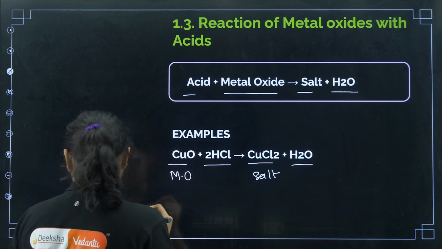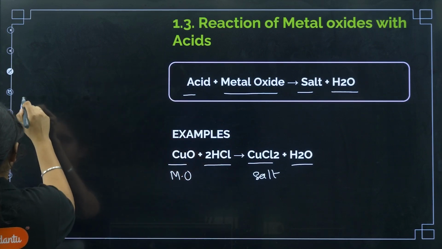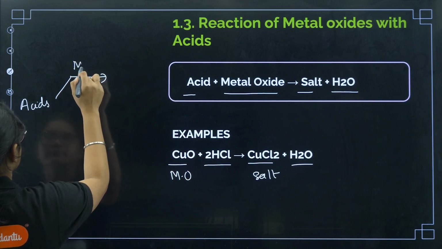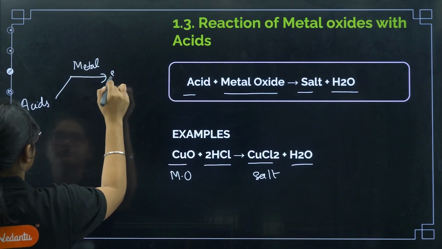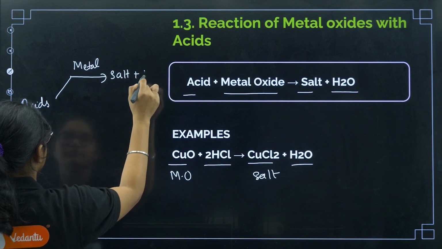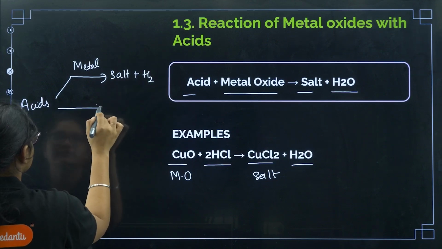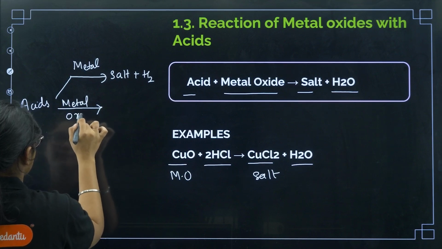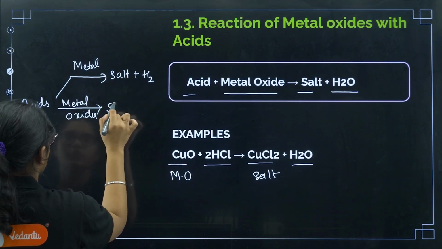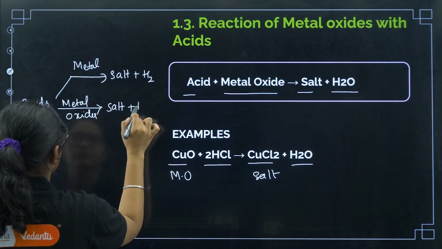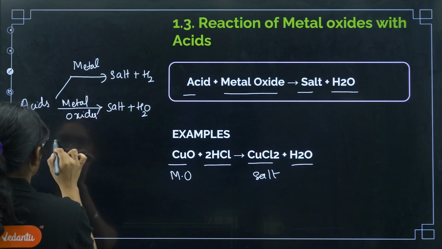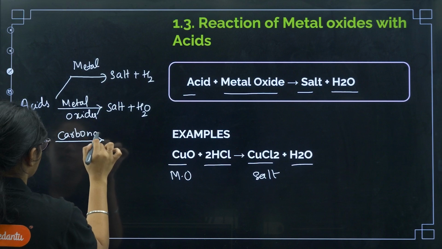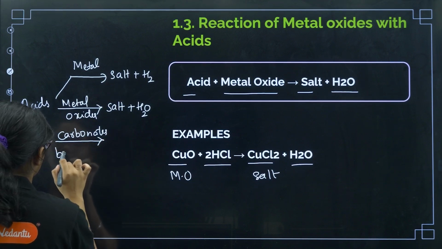So we can write it together once here. See, acids plus metal will give you salt plus H2. Next, with metal oxides it will give you salt plus H2O, and then you have carbonates and bicarbonates.